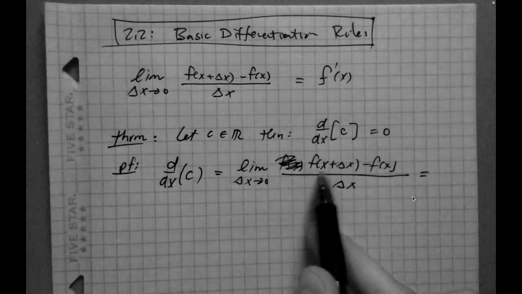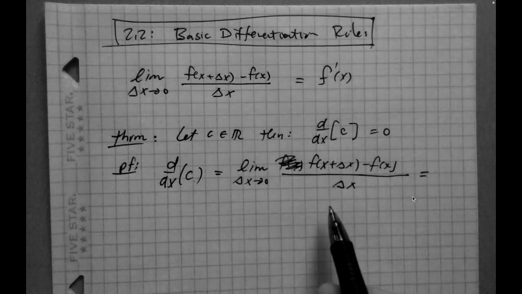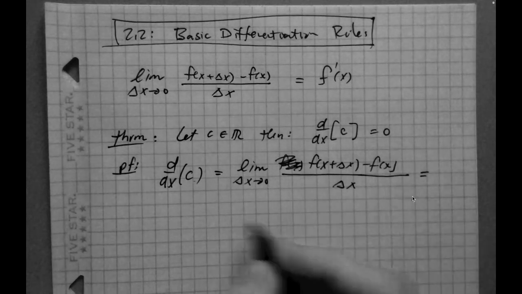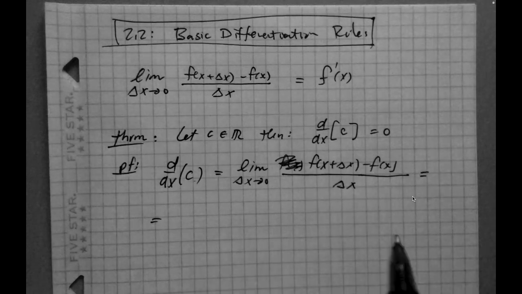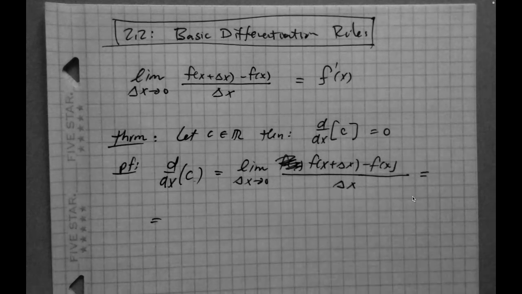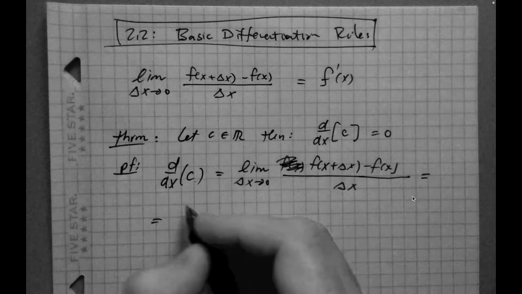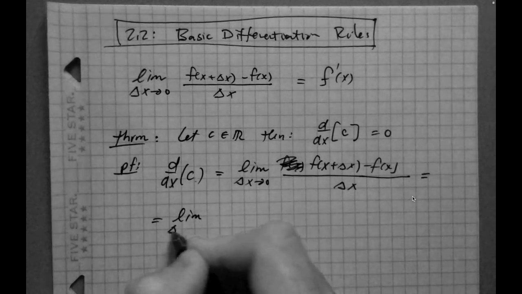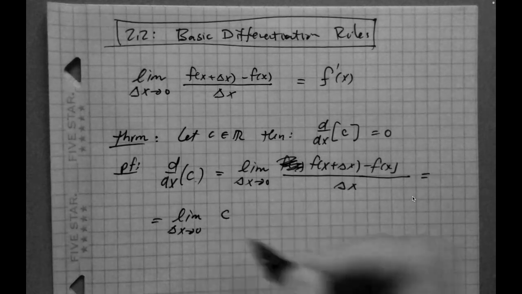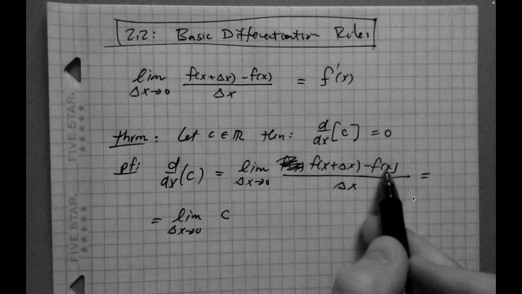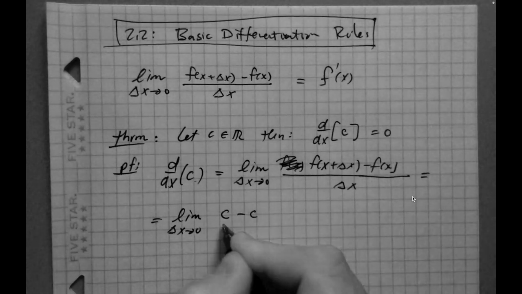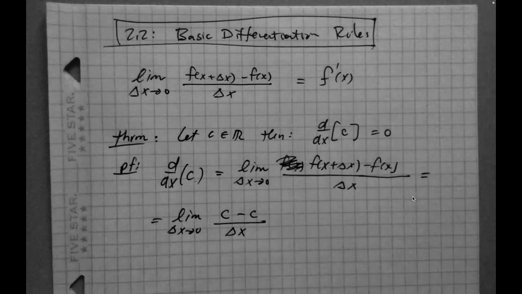Okay, now we can plug in our constant, right? So the function here, f of x, is just c, right? So f of x plus delta x is still just c. So the limit as delta x goes to 0 of c. Now what is f of x? It's the same thing, right? Looks like that.